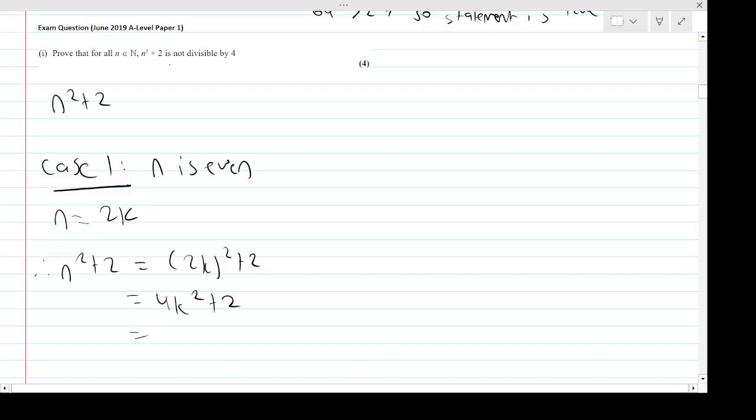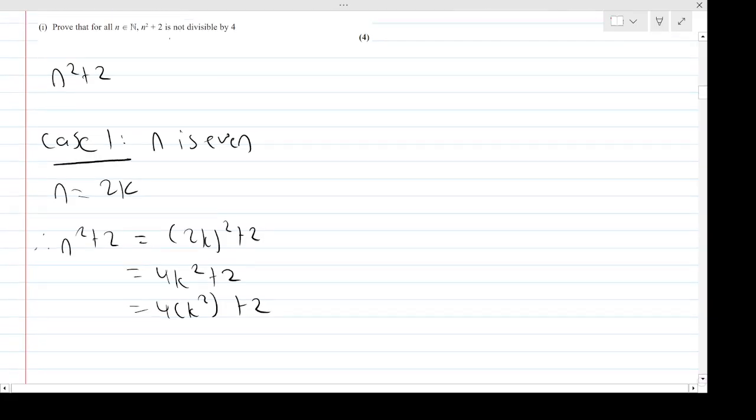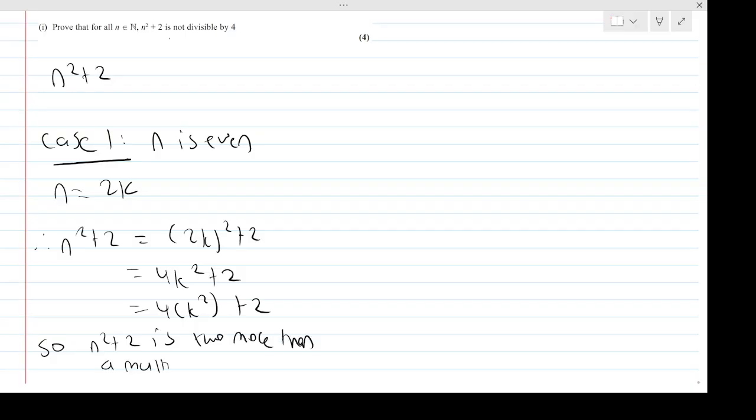This 4k squared is a multiple of 4, it's 4 lots of k squared. But we then add 2 on, so it's just 2 more than a multiple of 4. So n squared plus 2 is 2 more than a multiple of 4, and therefore it isn't divisible by 4.